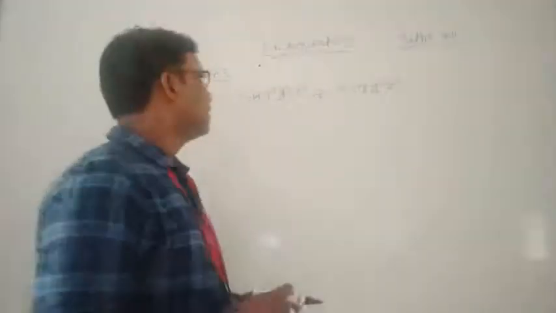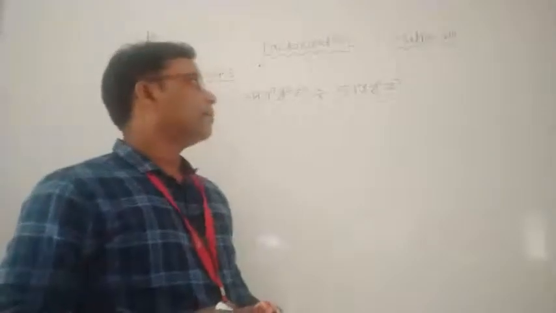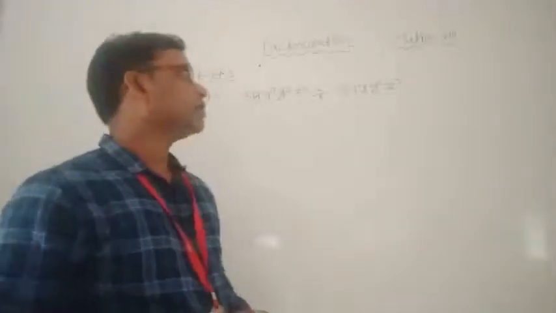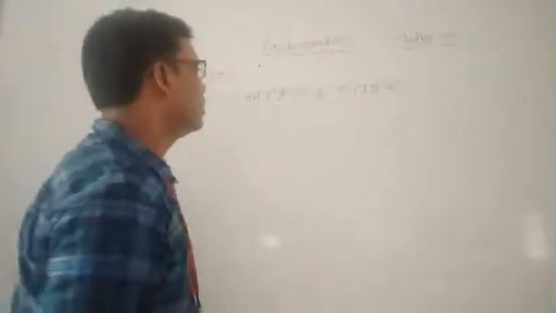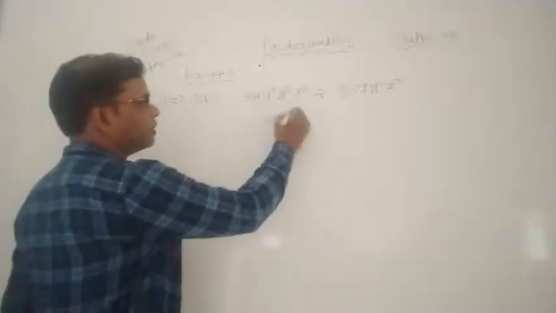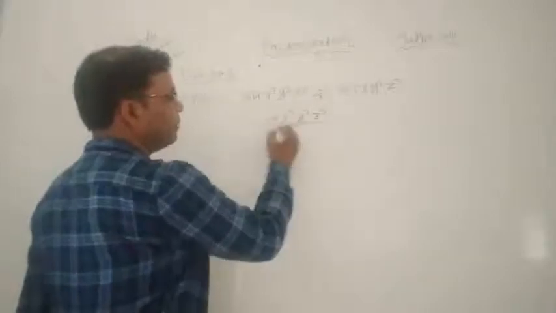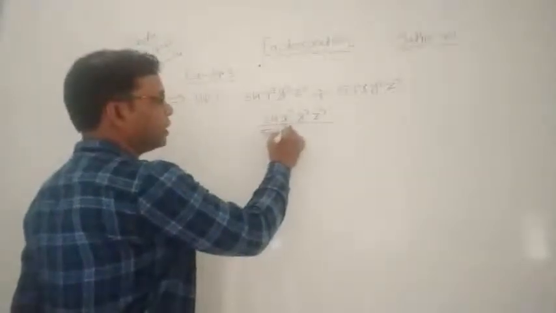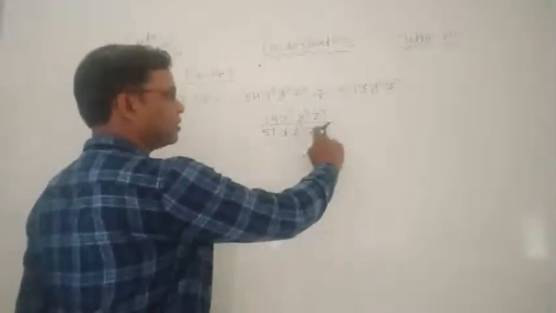This is the fourth part of question number 1. 34 x to the power 3 y to the power 3 z to the power 3 divided by 51 x y square z power 3. Clear?